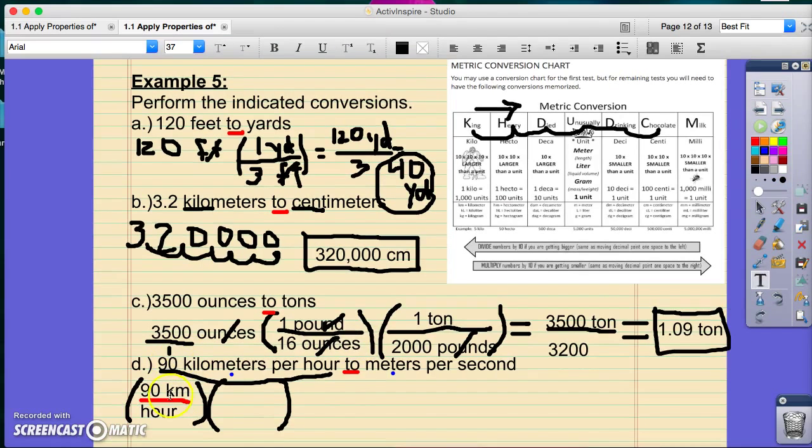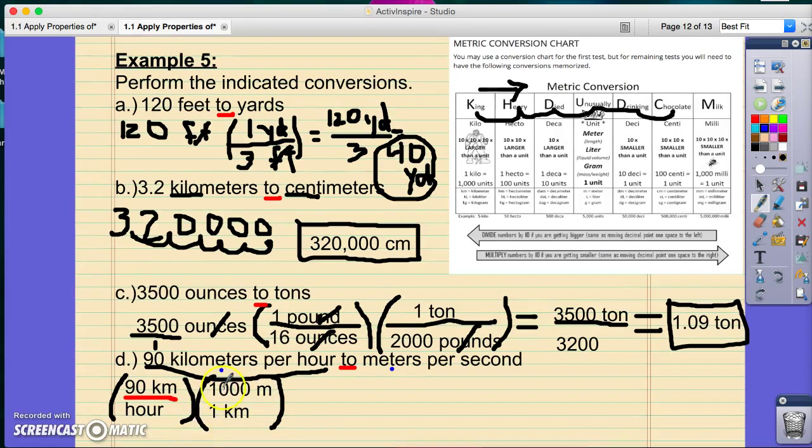So if I have kilometers up top, I ask myself, does kilometers or meters go up top? Meters is going to go up top, kilometers in the bottom. So let's try this again here. They're telling me that it's 1,000 meters over 1 kilometer. Then I'll draw my little line.